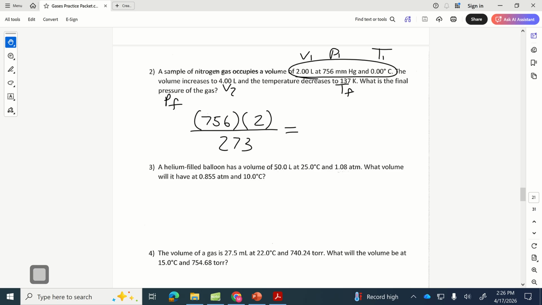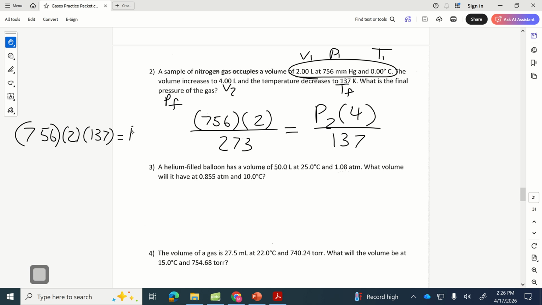On the other side, I have pressure, I don't know, volume of 4 over 137. Okay? I can then cross multiply. I think that's probably the safest bet for a lot of people. Times 2 times 137 equals P2, 4 times 273. I'm going to divide the 4 times 273 to the other side.